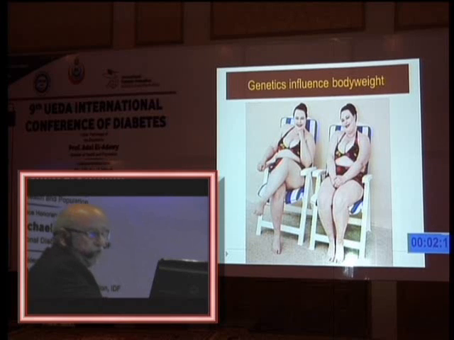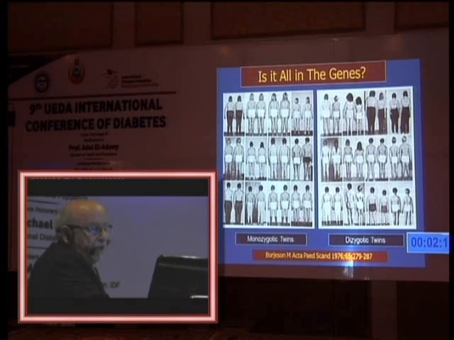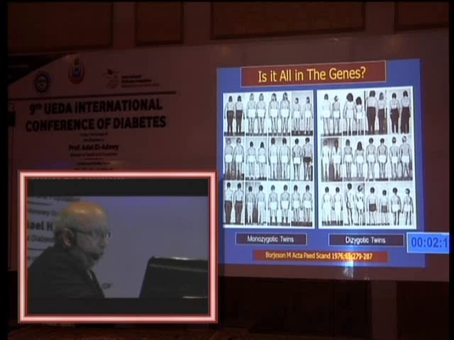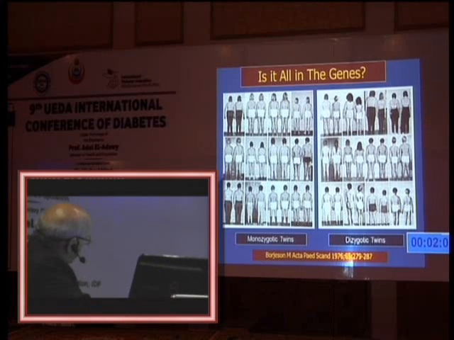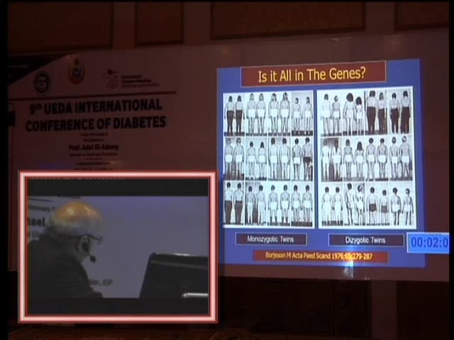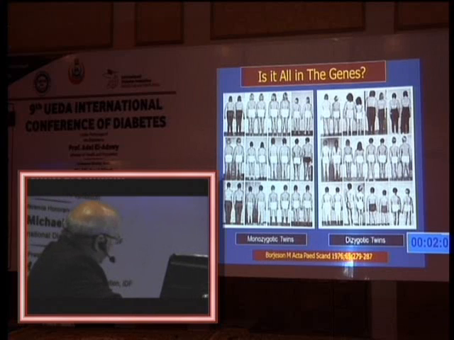These are identical twins. And this is a study of dizygotic and monozygotic twins. You see that on the left-hand side, the monozygotic twins have more concordance for obesity, while dizygotic twins do not have that concordance.